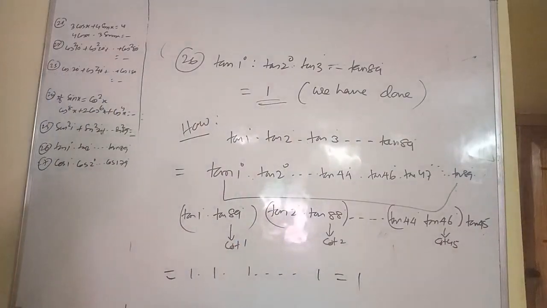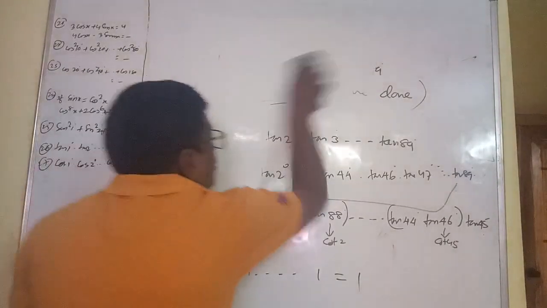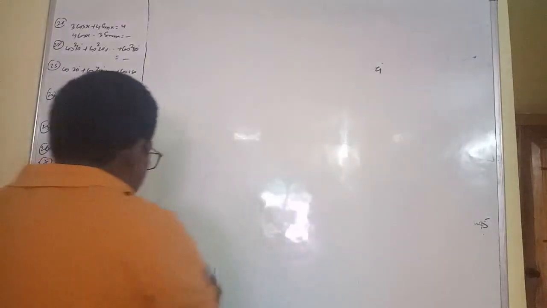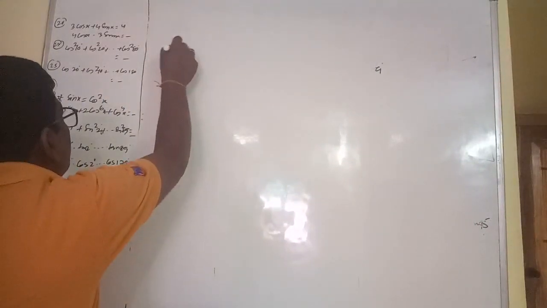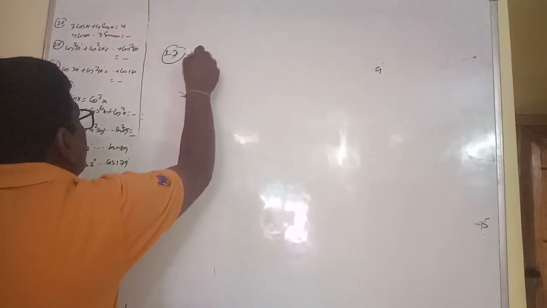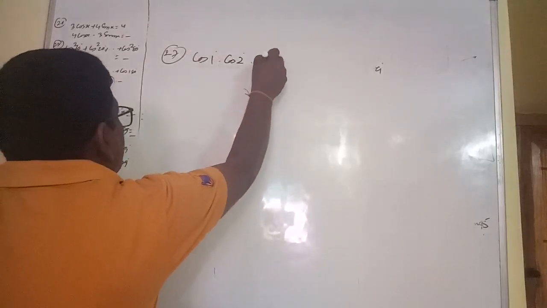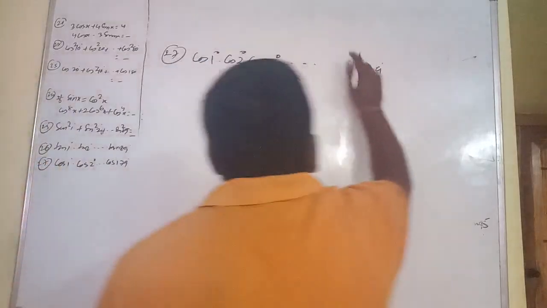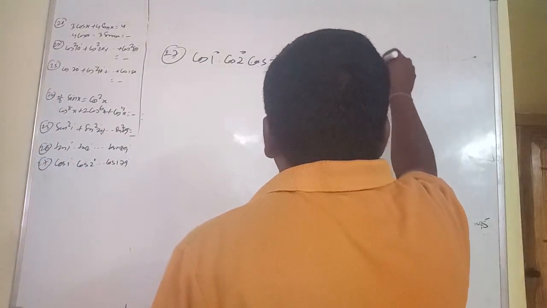Clear? And question number 27: cos 1 degree, cos 2 degree, cos 3 degree, up to cos 179 is equal to this.